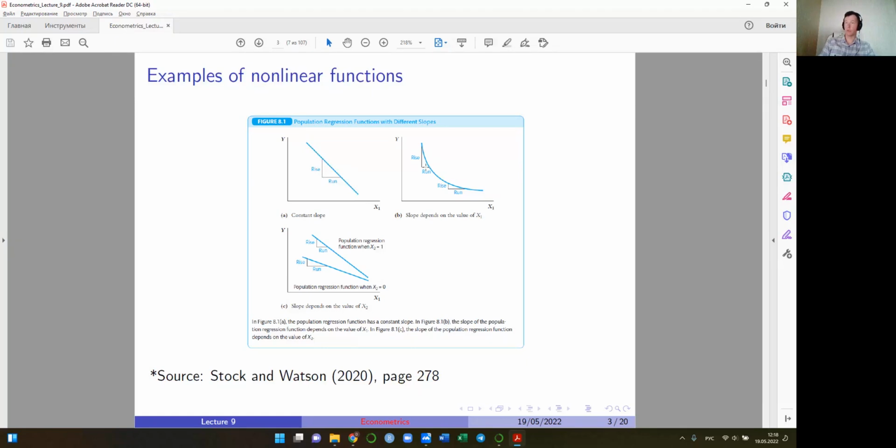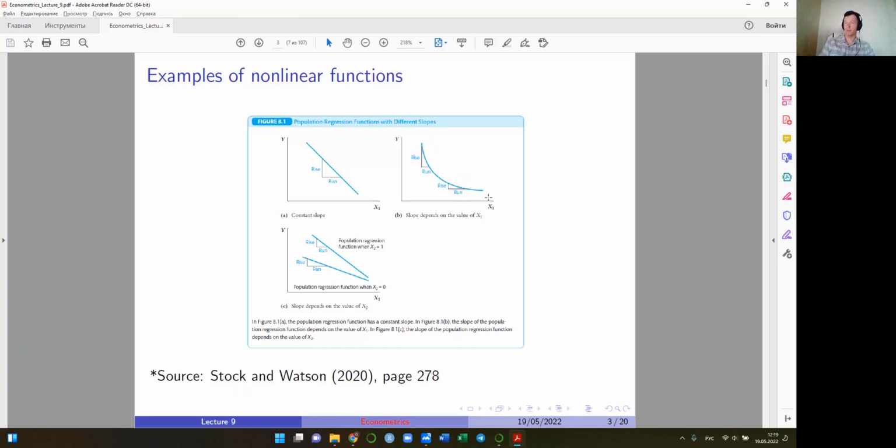For example, for small x's, a small increase in x corresponds to a large decrease in y. On the other hand, when x is large enough, we are not able to maintain the same effect, and we need a large increase in x in order to produce at least some effect on y.